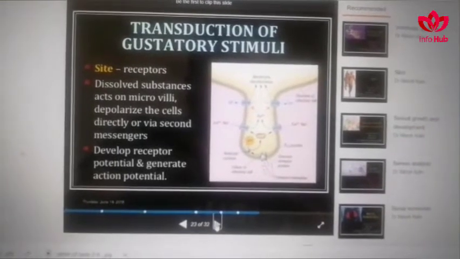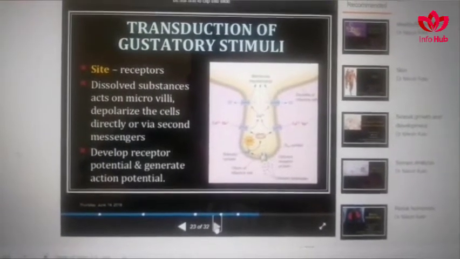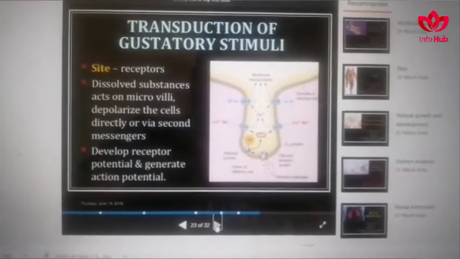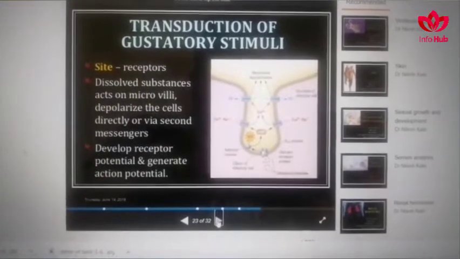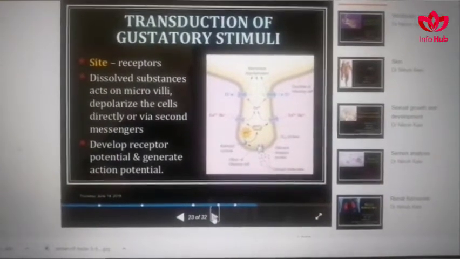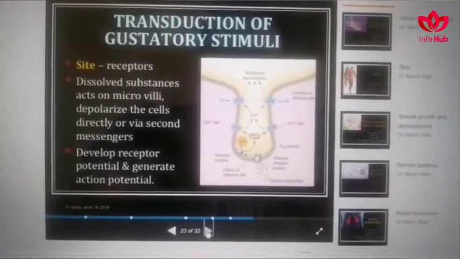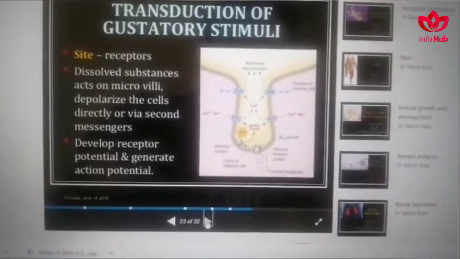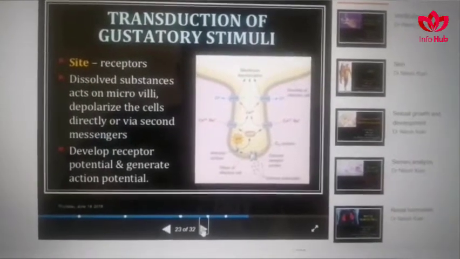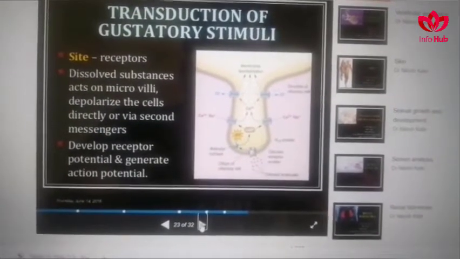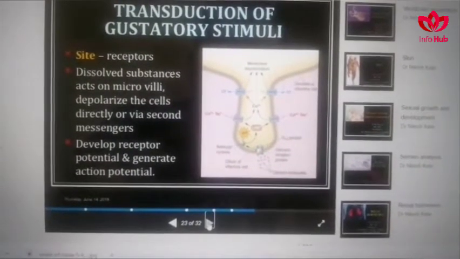In the case of sweet taste, it usually acts through G protein coupled receptors and helps in generation of an action potential, which flows through the cranial nerves we have already discussed: from the anterior 2/3 it's the chorda tympani, a branch of the facial nerve, from the posterior 1/3 it's the glossopharyngeal nerve, and from the epiglottis and various areas of the pharynx, it's the 10th cranial nerve.